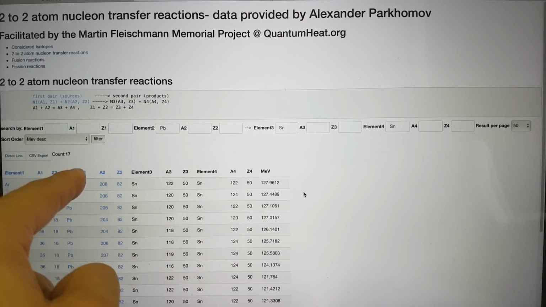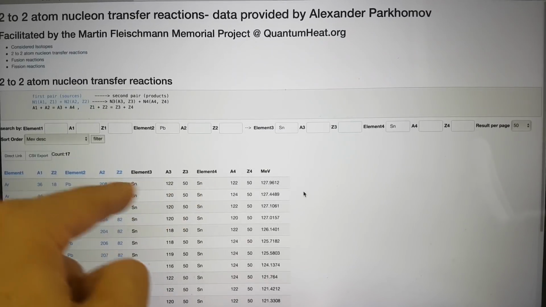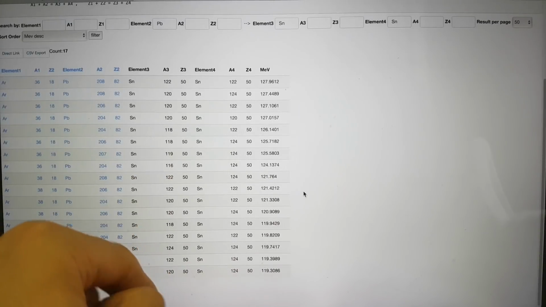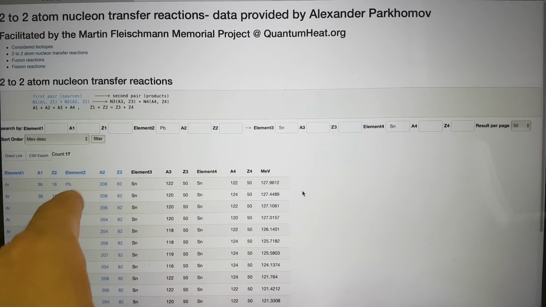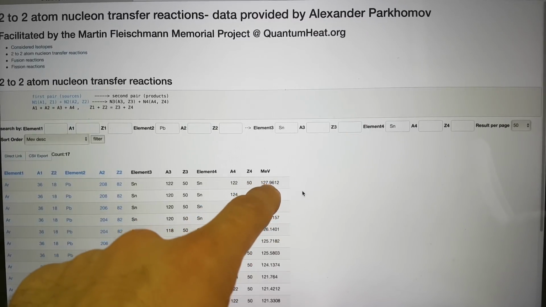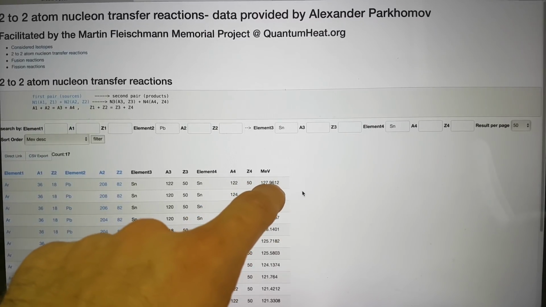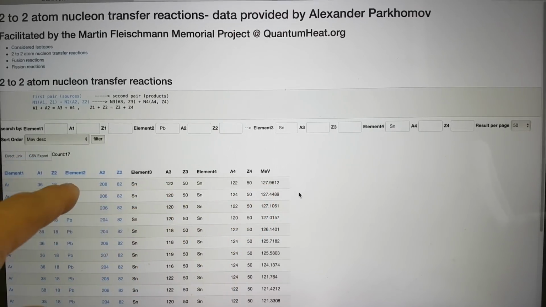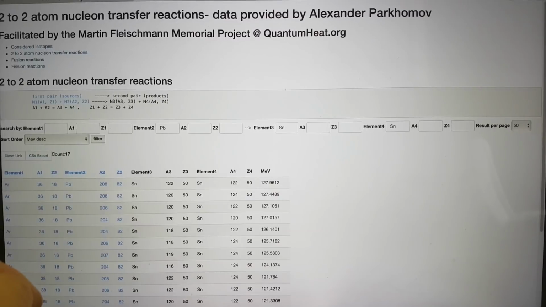So these are the 17 reactions where you get tin and tin out of reaction of argon and lead, and they're various isotopes. And if you're going the other way, I'm suggesting that it's taking 127, 128 or so mega electron volts to push this in this direction, where you get lead and argon produced.